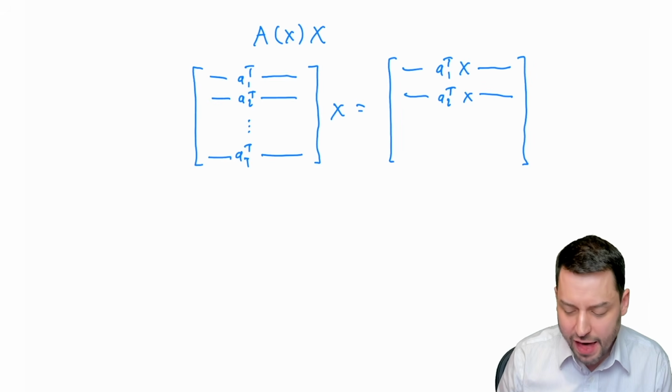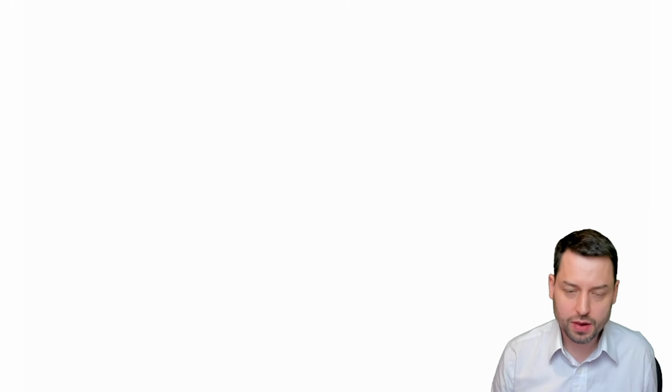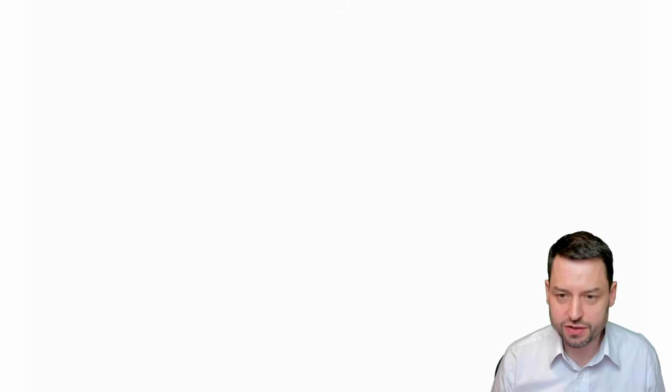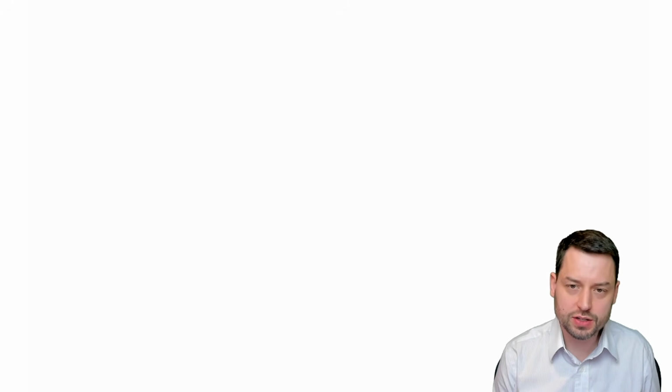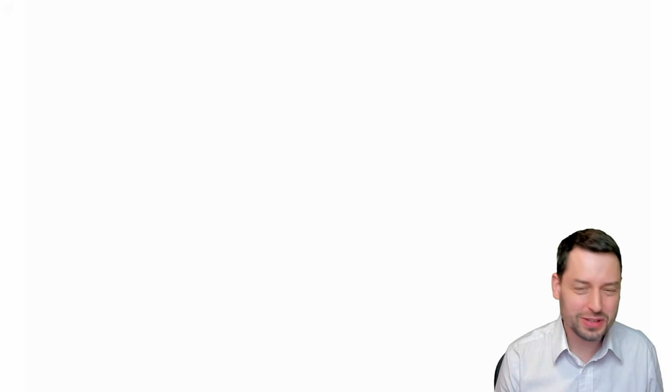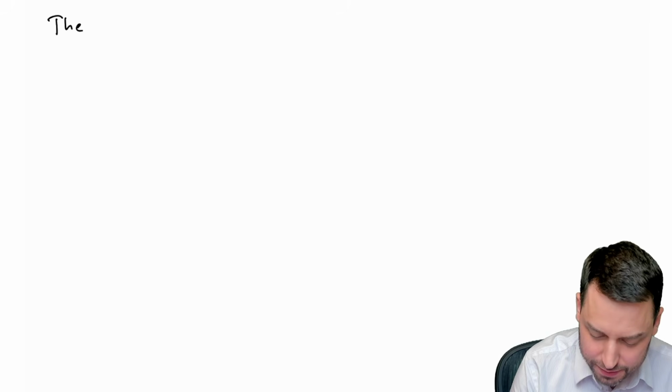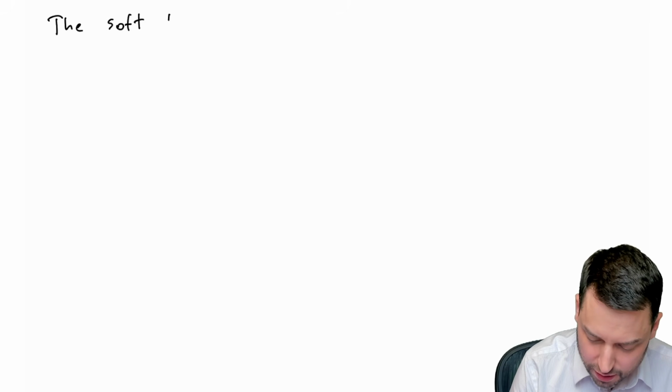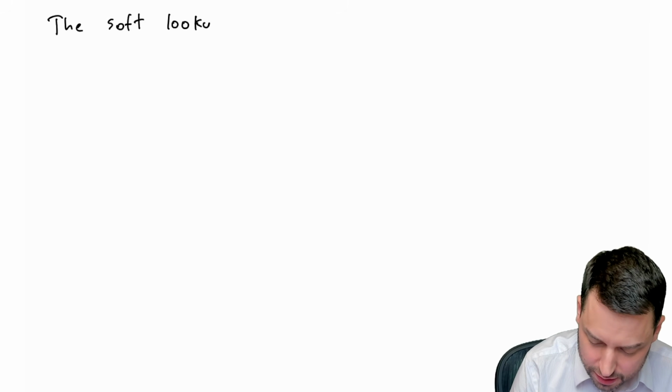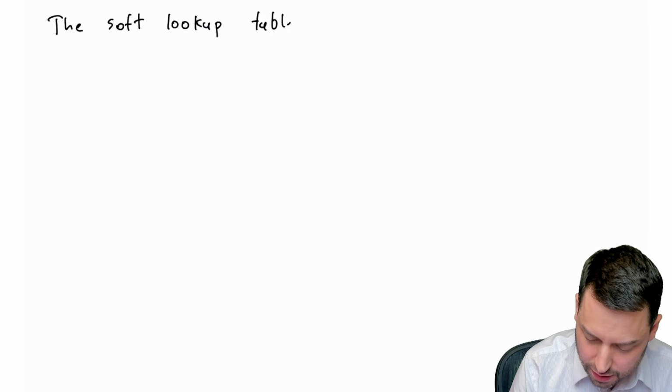Okay, so that is typically how I think about self-attention. However, there is another interpretation which is very common, so I'm going to present it here. But I think it is a very imperfect analogy, only a partial explanation, and that is the soft lookup table interpretation.